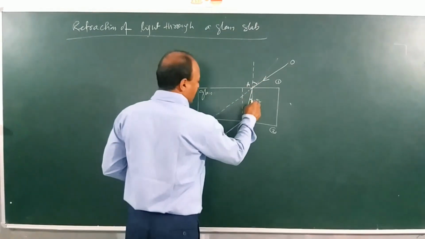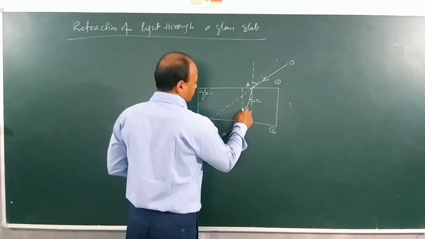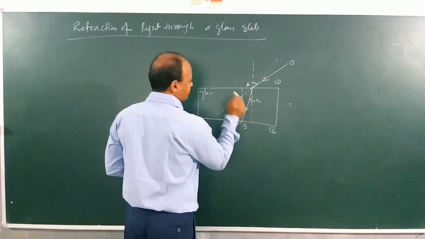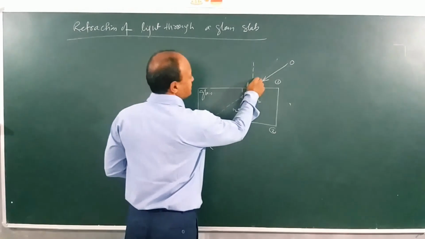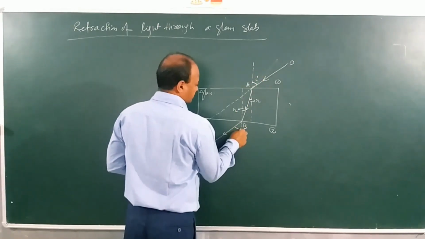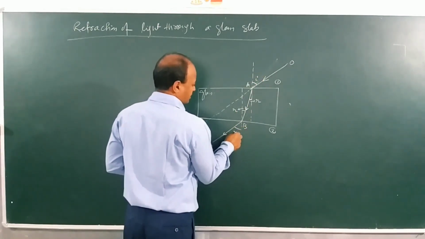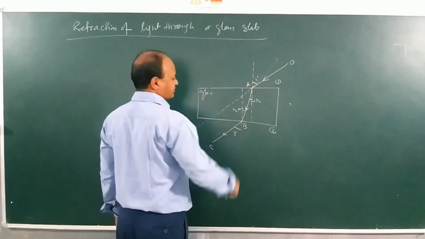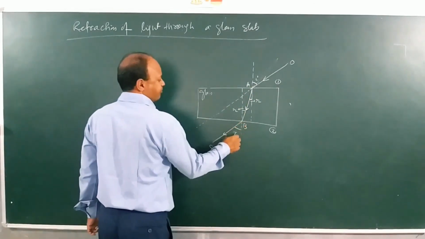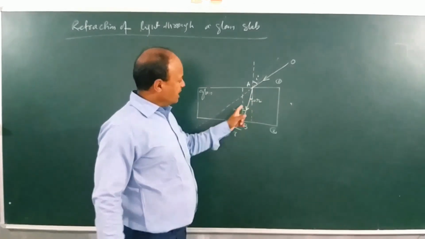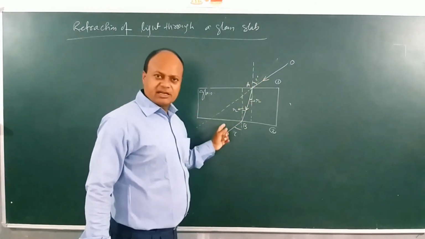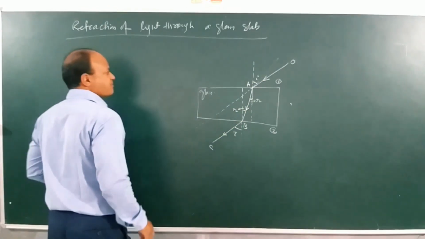This angle is R. So this angle will be also how much? R. Will be alternate angles. This angle is I. So this angle will be also I. Because these two rays are parallel to each other, will be corresponding angles. So you know R, R, I, I. The emergent ray is parallel to the incident ray. I am writing all this.